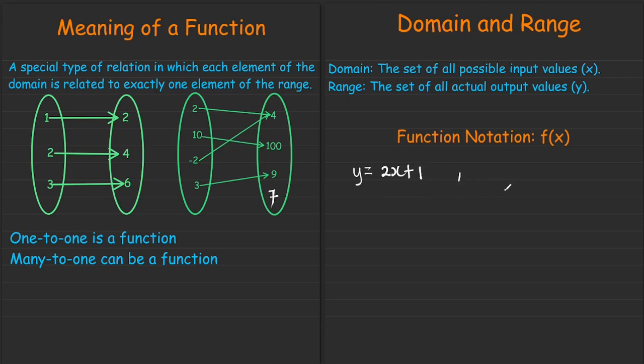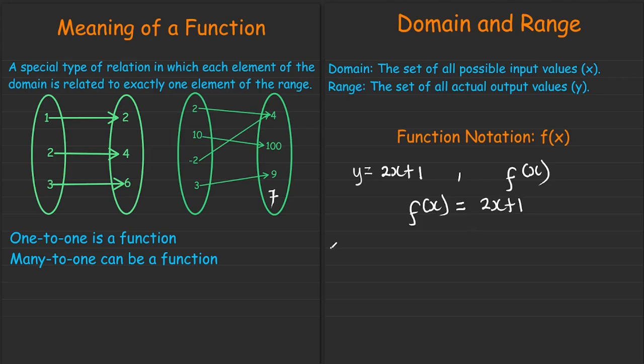We rather use f and then x in brackets. Now we read this as f of x, a function in terms of x. You can say f of x is just the y. Hence, instead of y equals 2x plus 1, we can write f of x equals 2x plus 1.